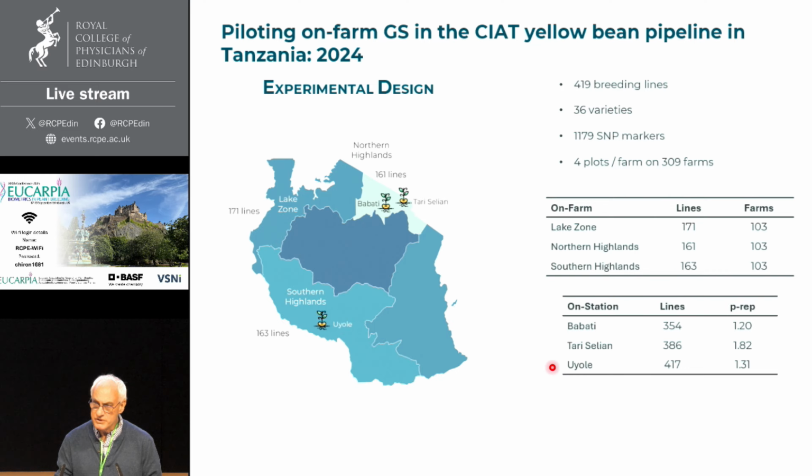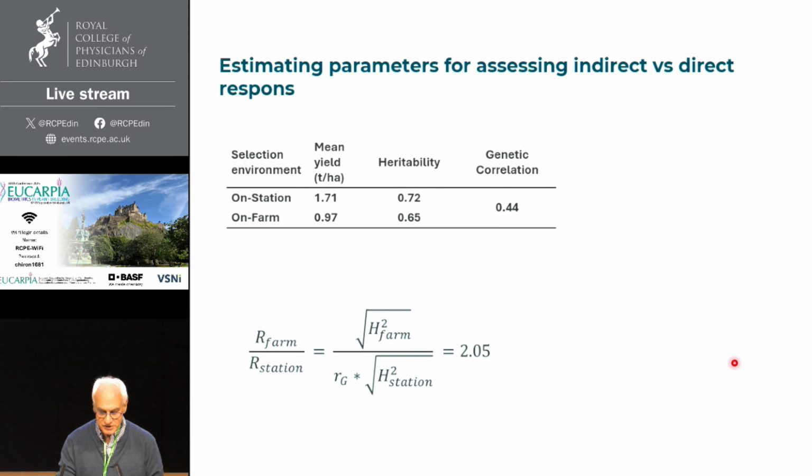There are also 3 research stations on which the population was evaluated so that we could compare heritability and correlations. 2 of those locations are in the Northern Highlands. 2 are in the Southern Highlands, and there's not a station in this network in the Lake Zone. The design was partially replicated on the research stations.